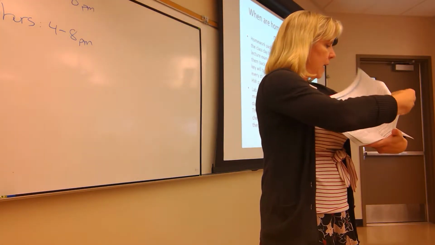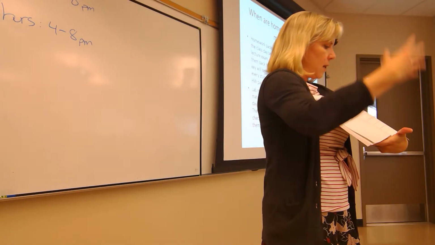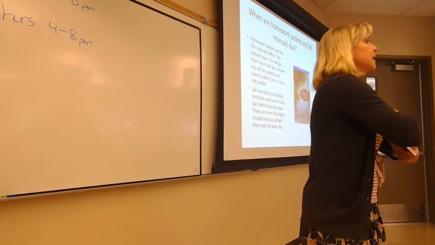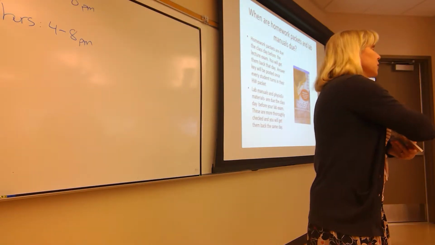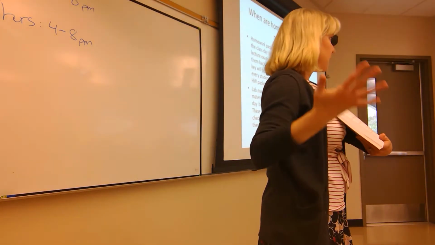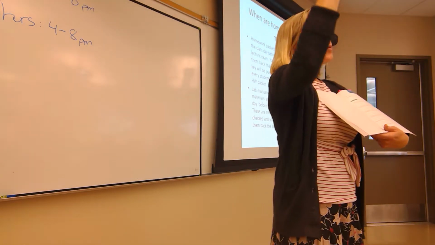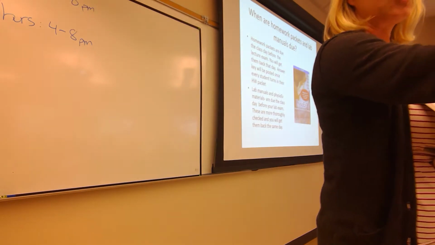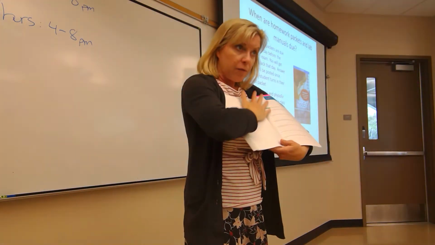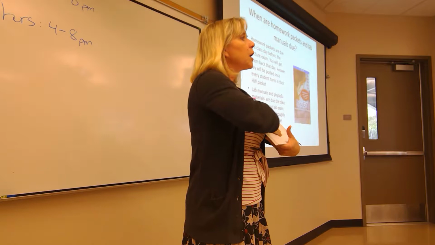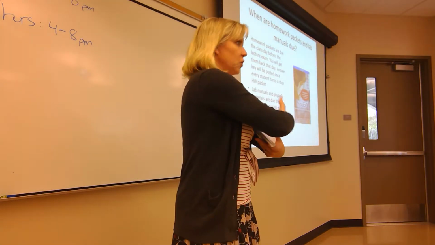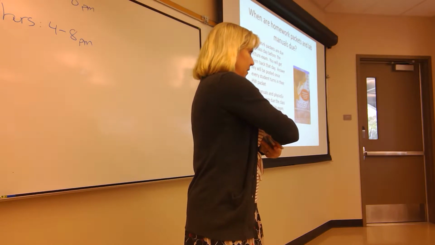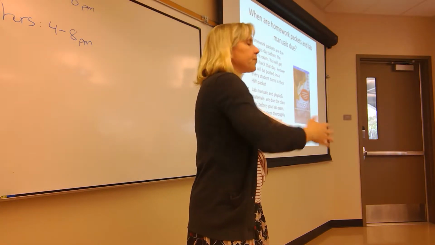Whatever activity I assign, in the back there are review questions that you are also expected to do. Only do the questions that go with the activities I assign. When you do this on the computer, it will say, here are the review questions. If you are filling everything in your workbook, you will need to remember to write in all of your answers to the review questions. Does that make sense?